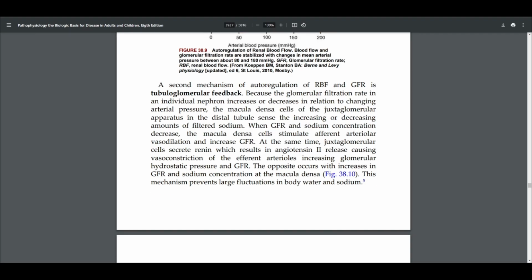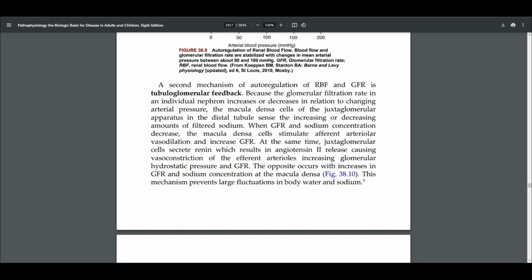A second mechanism of autoregulation of RBF and GFR is the tubuloglomerular feedback. Because the glomerular filtration rate in an individual nephron increases or decreases in relation to changing arterial pressure, the macula densa cells of the juxtaglomerular apparatus and the distal tubule sense the increased or decreased amounts of filtered sodium. When the GFR and the sodium concentration decrease, the macula densa cells stimulate afferent arteriolar vasodilation and increase the GFR.